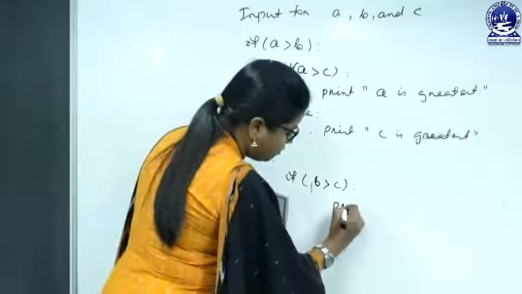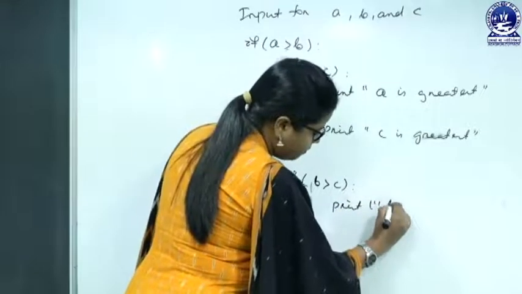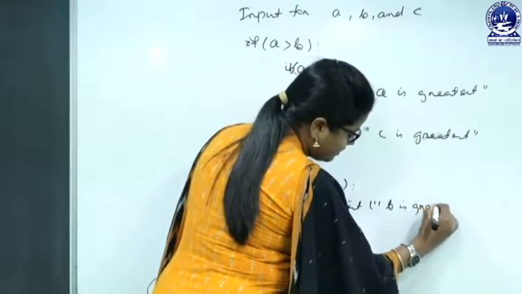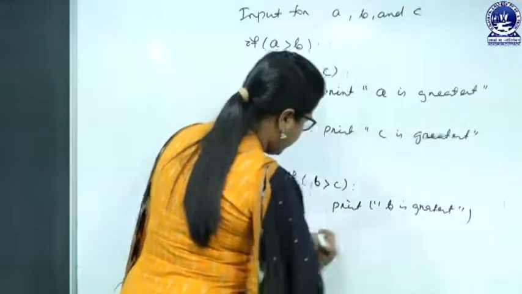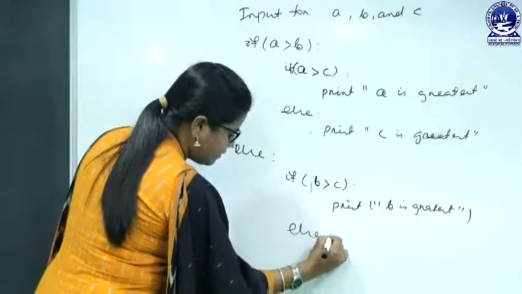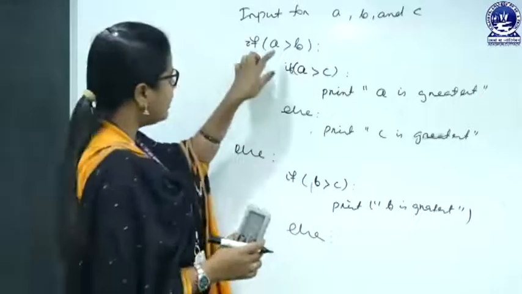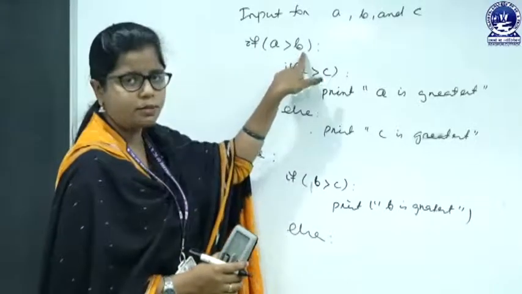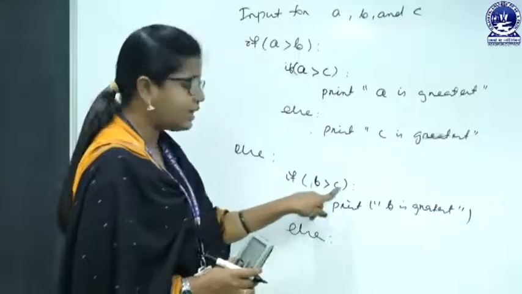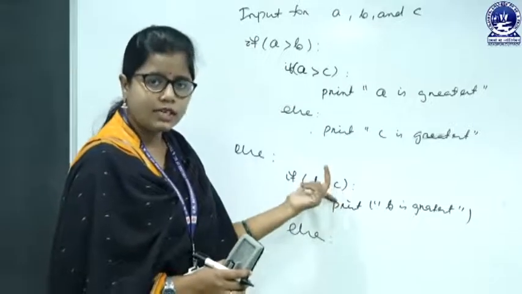So here we have to print B is greatest. And else, which one will be the greatest? Here A greater than B false, that means B is greatest. B greater than C false, that means C is greatest.